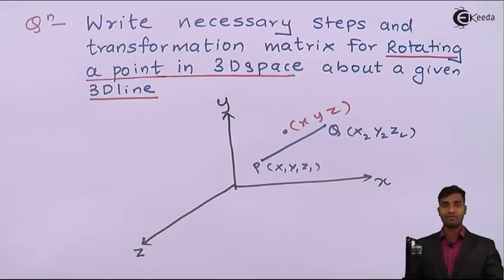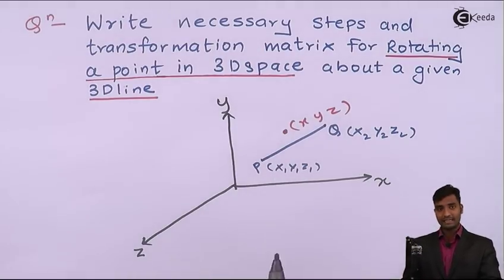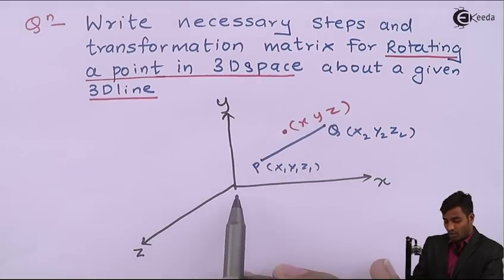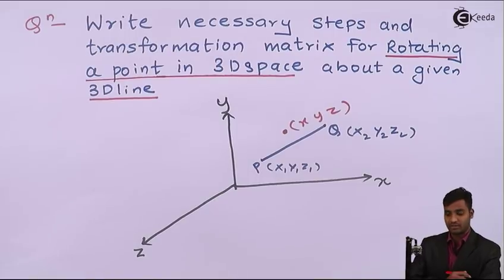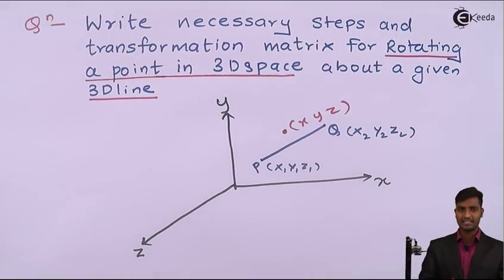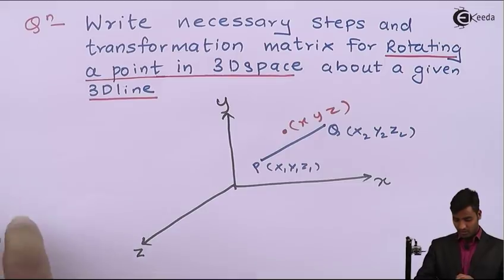So the first transformation we will do is translation, because unless the line is brought to the origin we can't perform rotation transformations. So we will perform the translation transformation first.